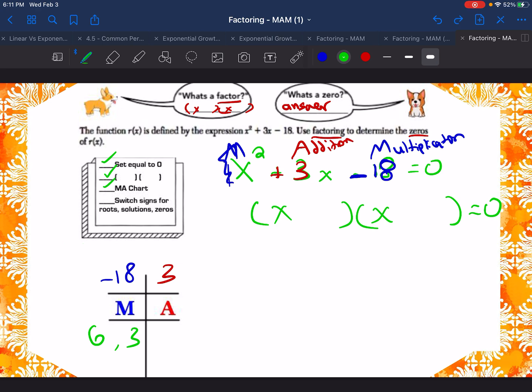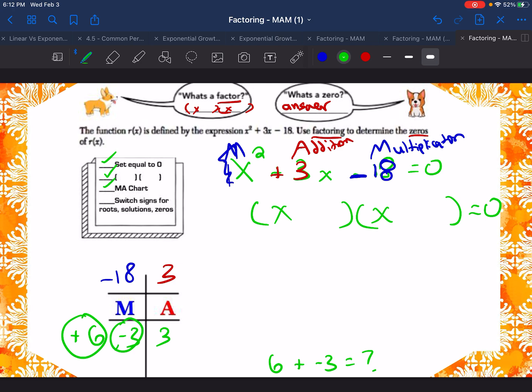So here's a tip. If I want to make one of these numbers negative, and I'm trying to add to a positive number, I should make the bigger one positive because I want that sign to kind of take over. So when I add 6 plus negative 3, what do I get? I get positive 3, which is what I wanted. So these are my two numbers I'm going to use.